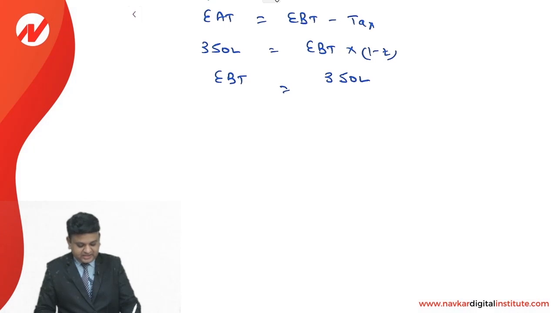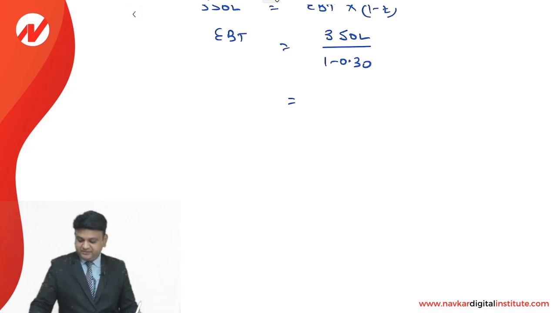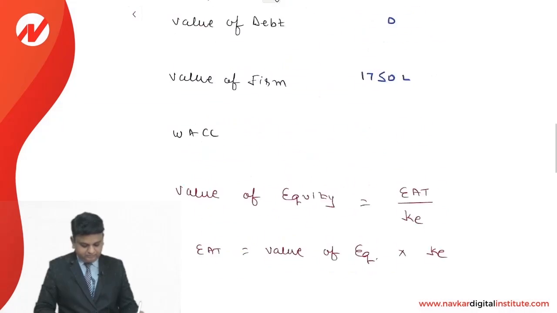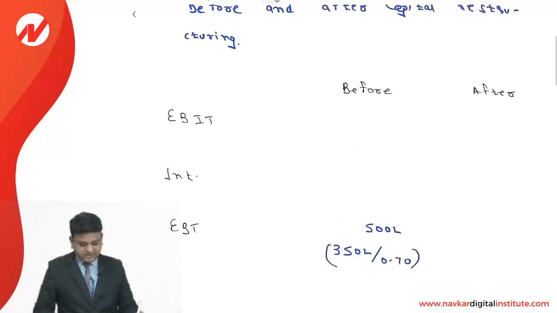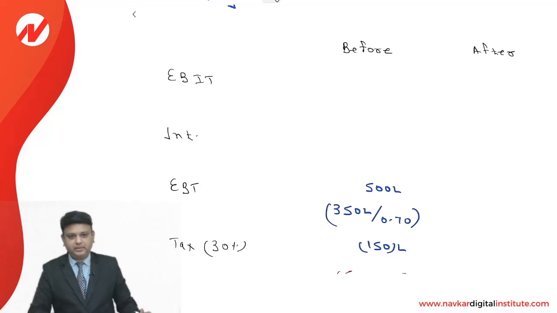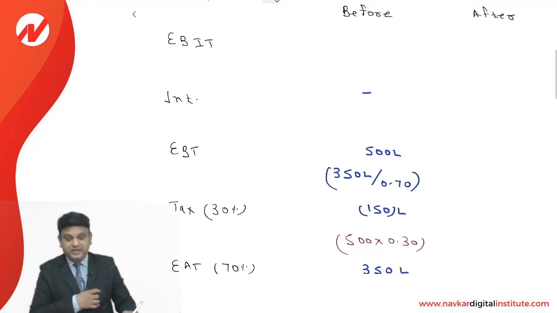So it is 350 lakhs divided by 1 minus income tax rate of 30%. So 350 divided by 0.7, that comes to 500 lakhs. That is the way the EBT is calculated, an amount of 500 lakhs. Amount of interest is right now 0, and operating income will be an amount of 500 lakhs.